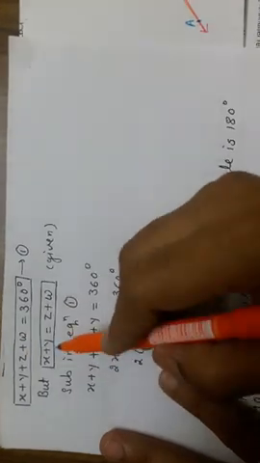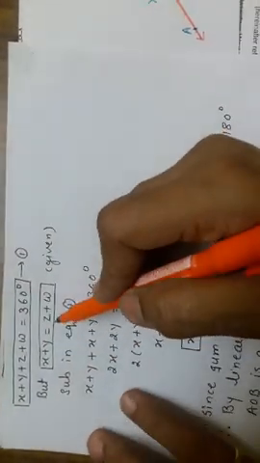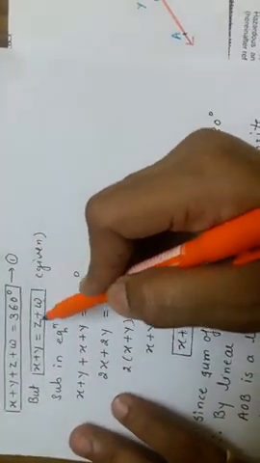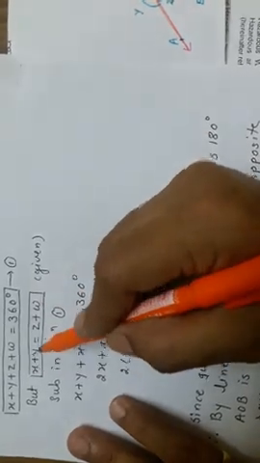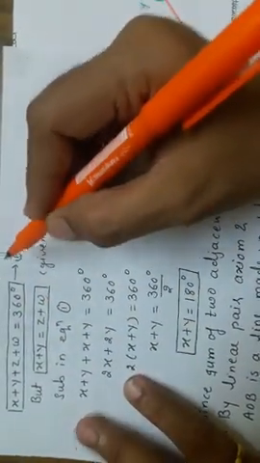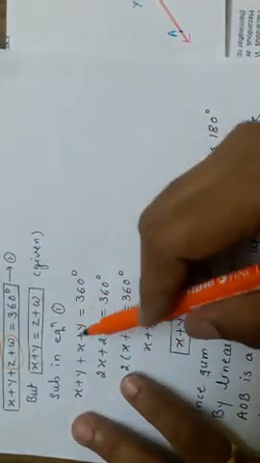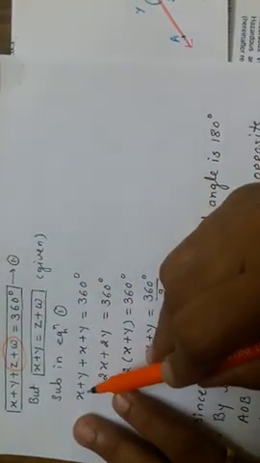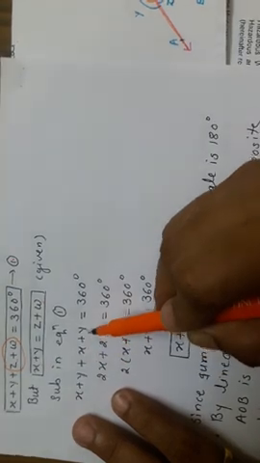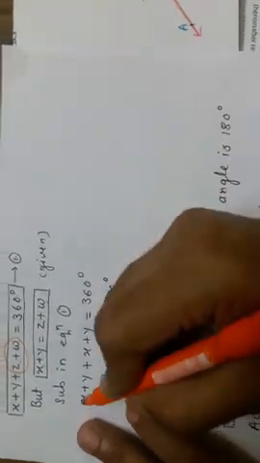But it's given that x plus y is nothing but z plus w, or z plus w is equal to x plus y. So in the first equation, in place of z plus w, I am going to replace x plus y. So x plus y plus x plus y is equal to 360 degrees.